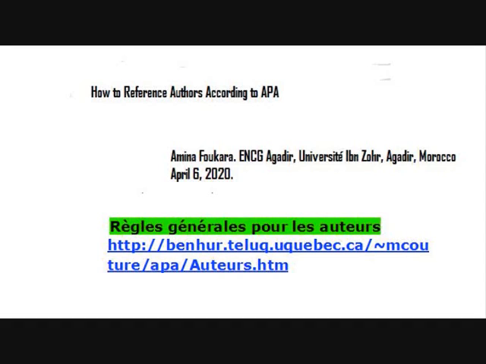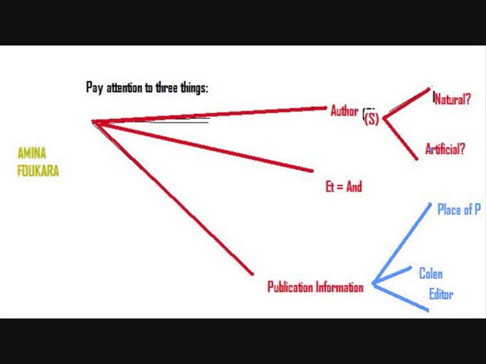So in this video, you will have to pay attention to 3 major things. Author, it could be a human being, and it could be just an artificial person, like APA, American Psychological Association.